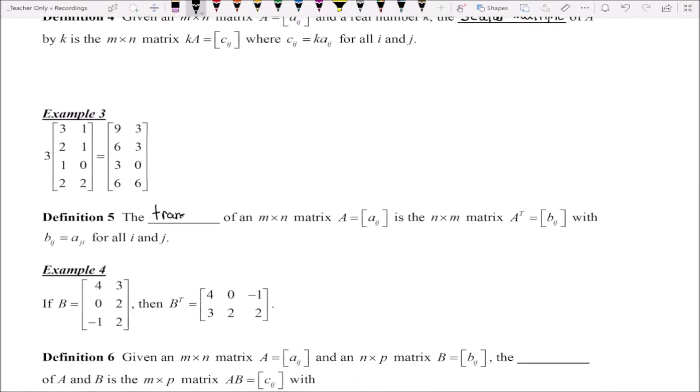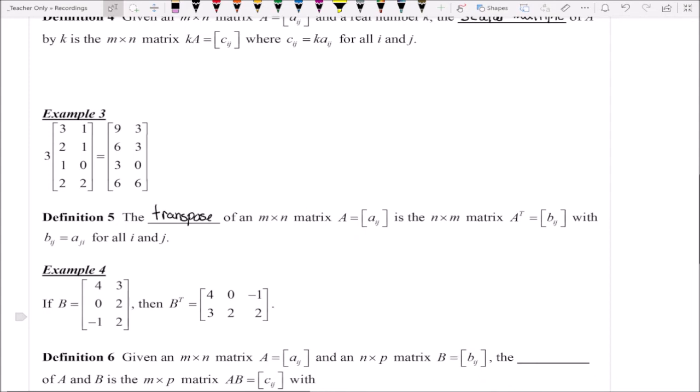The transpose of an m by n matrix A, where each entry is Aij, is the n by m matrix A^T. This is read A transpose.